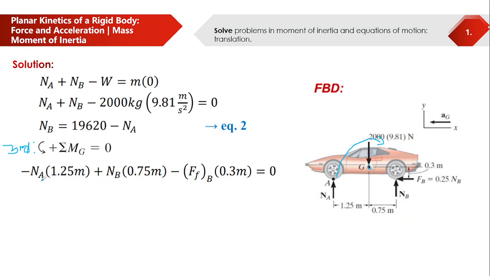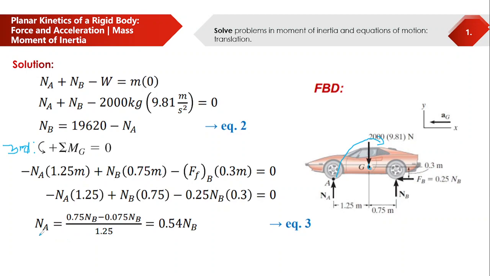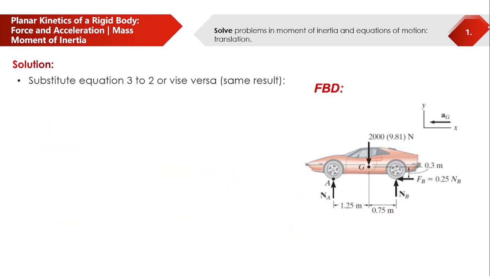So this is your moment equation, or the third equation of motion. That will be negative N sub A times 1.25 plus N sub B times 0.75 meters minus F sub f times 0.3 meters is equals to 0. So simplify lang natin. N sub A is equals to 0.54 N sub B. Therefore, to solve, we have to substitute the value of equation 3 in equation 2, or vice versa, same result lang pa rin.